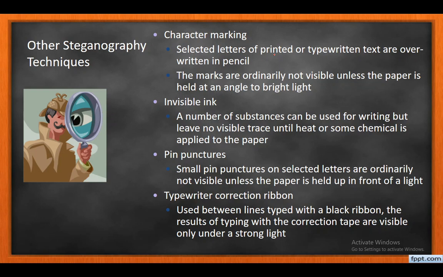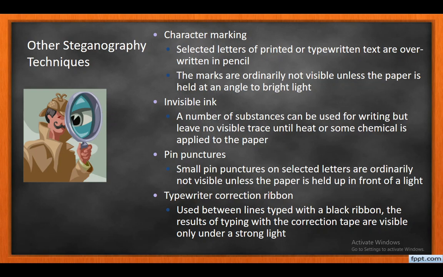A number of substances can be used for writing that leave no visible trace until heat or some chemical is applied to the paper. The very famous ones are lemon juice and onion juice. If you write with these, unless you read the paper under light or keep a candle below the paper, you will not be able to find out the message.